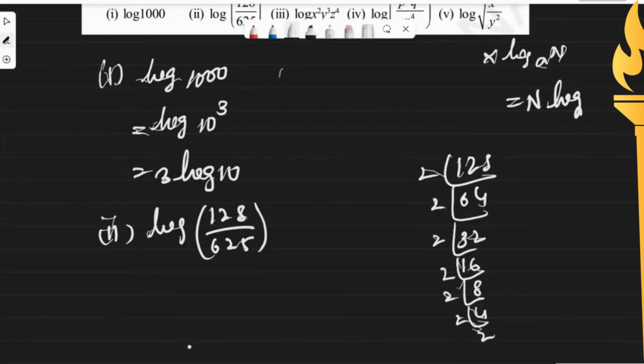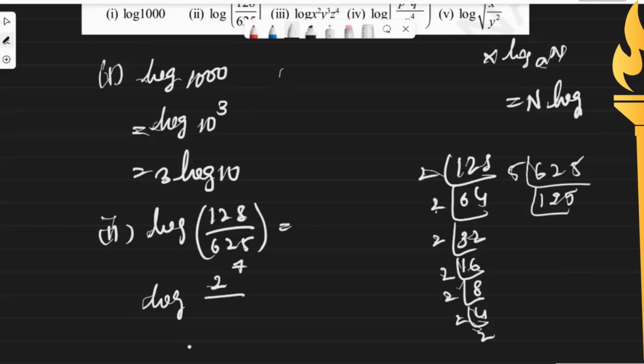So 1, 2, 3, 4, 5, 6, 7. So this can be written as log 2 power 7 by, now if we factorize 625 with 5, 5 into 125, next 5 into 25, next 5 into 5. So this will be 5 power 4.